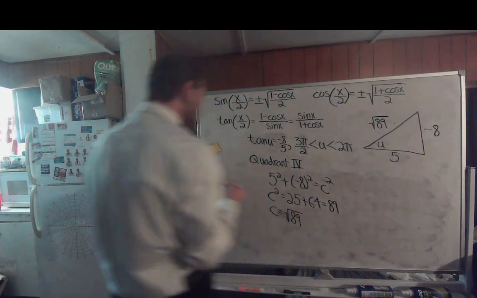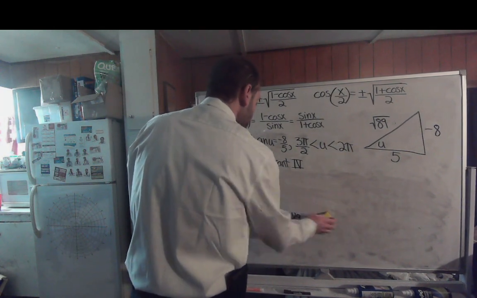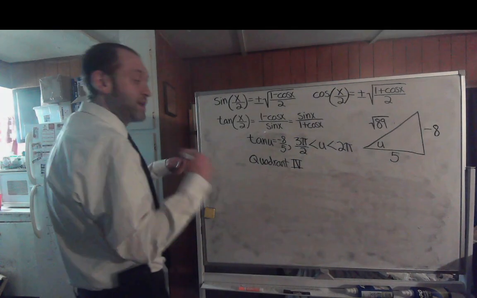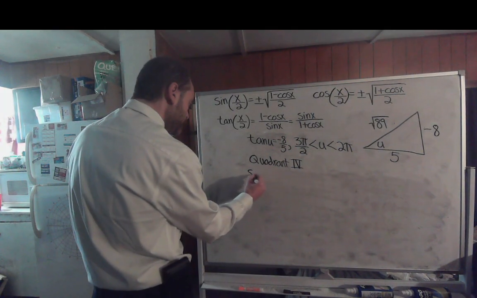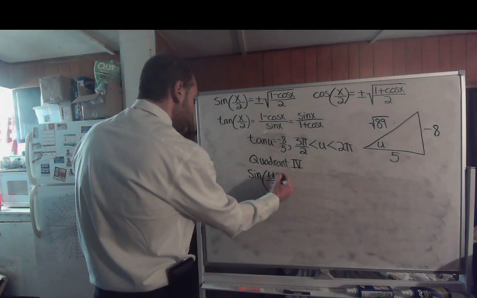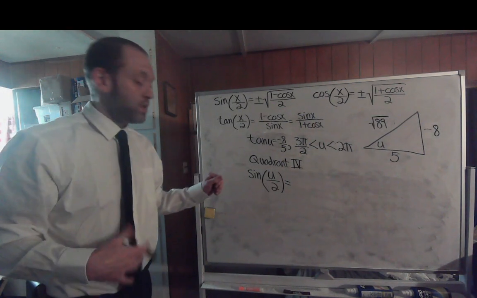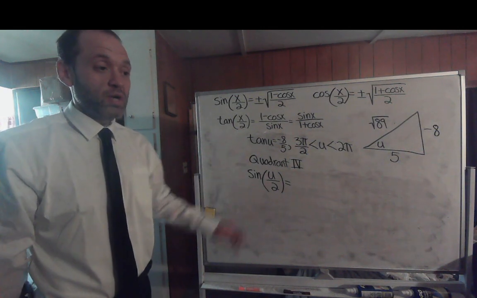All right, so now that we found all that, let's start by taking the sine of u over 2. Okay, so let's talk about a fourth quadrant angle. What's half of a fourth quadrant angle?